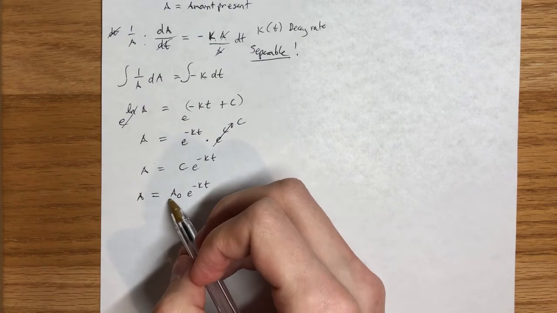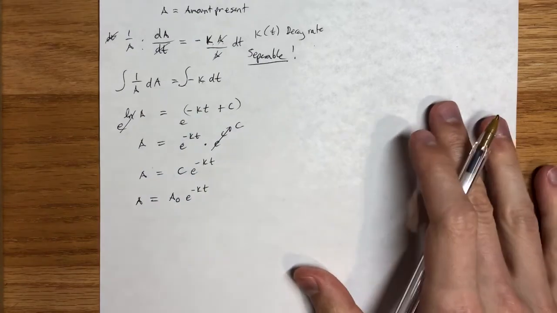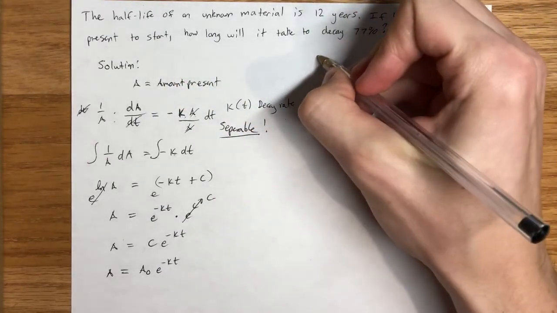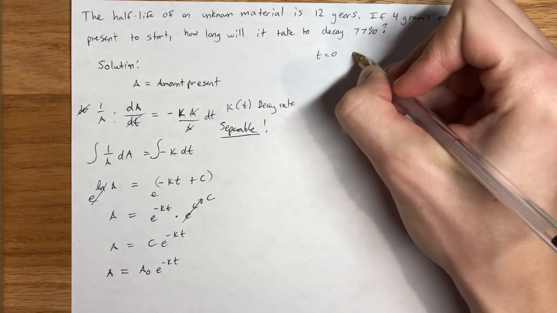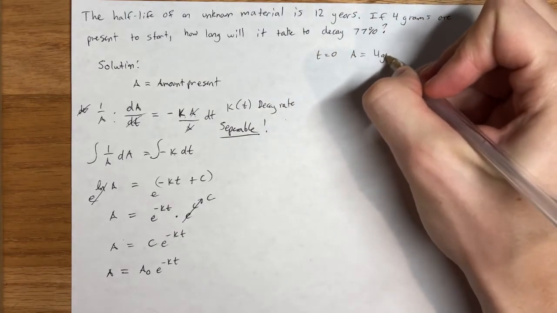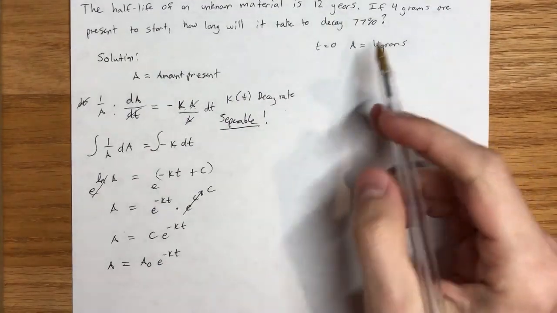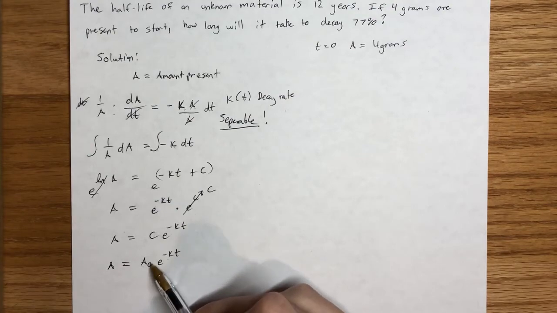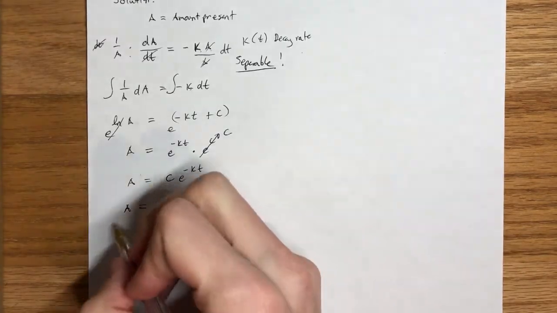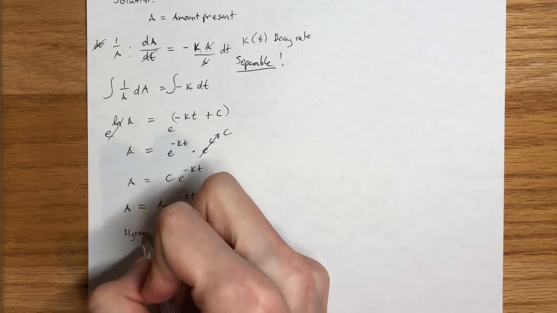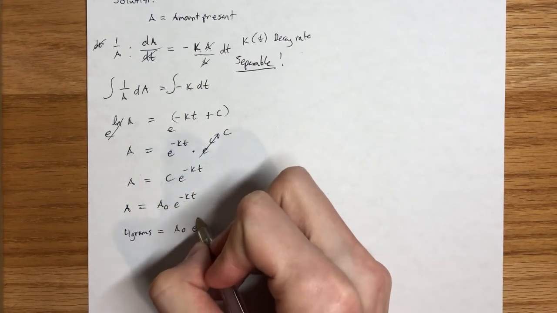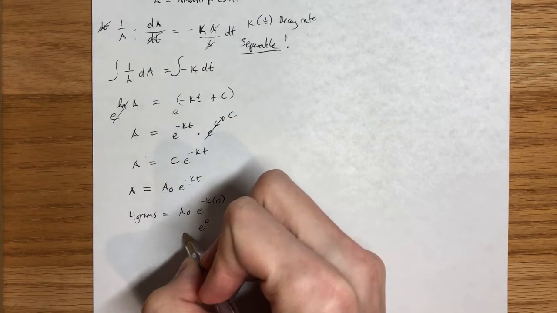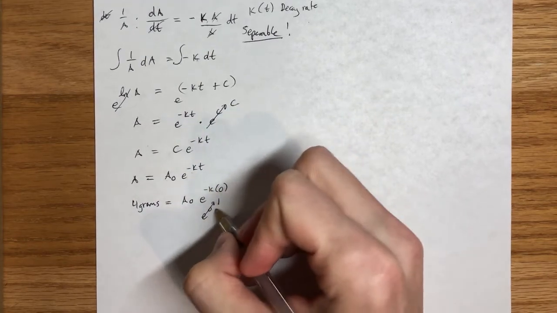After we have this, what we want to use is our initial condition, which seems a little bit hidden, but we have 4 grams to start. So at t equals 0, we have A is equal to 4 grams. If we plug in A equals 4 grams at t equals 0, we can find our A0. So 4 grams equals A0 e to the negative k times 0, and this becomes e to the 0, which is just 1, because e to the 0 is 1.